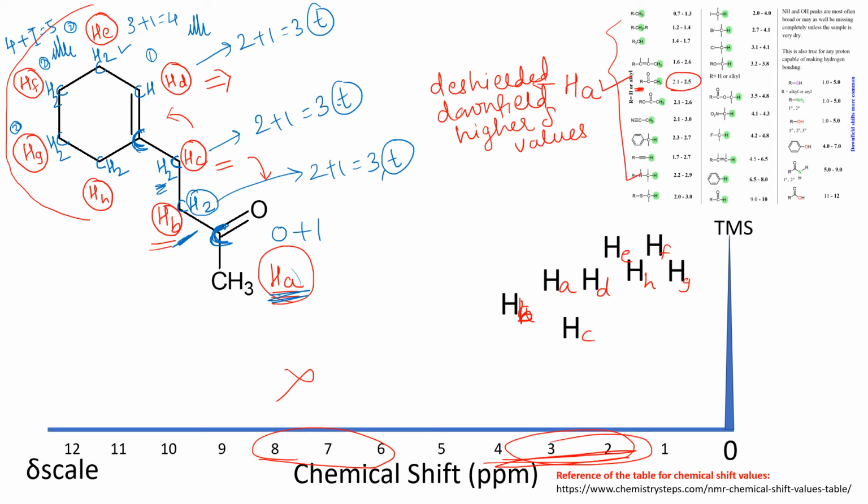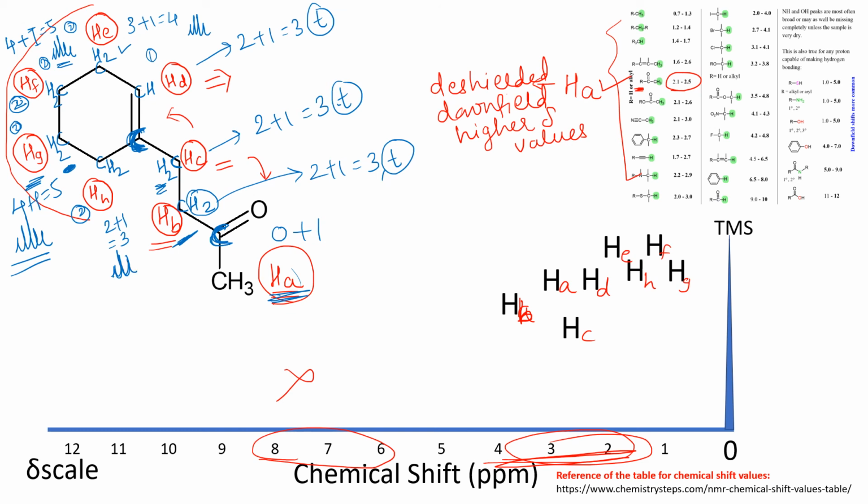For HG also, it has two hydrogens over here and two on this side, so 1, 2, 3, 4 and 5. It is a pentet. What about HH, the last set of equivalent protons? HH has only 2 hydrogens on this side, and on this carbon there is no hydrogen. So 2 plus 1, that is a triplet.